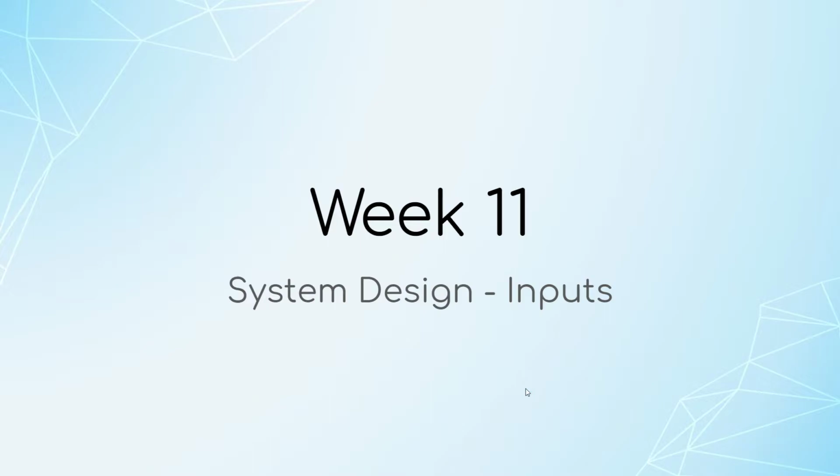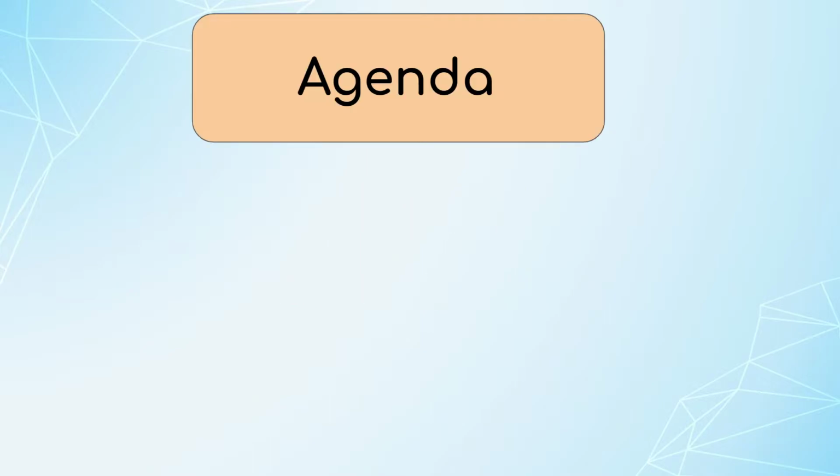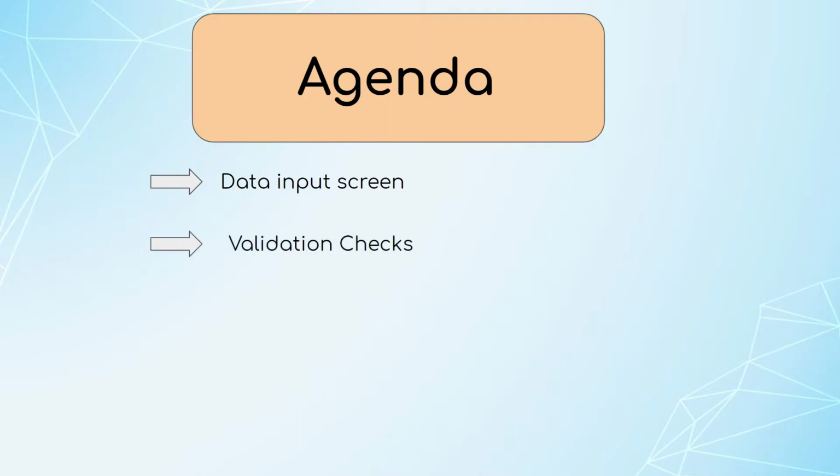Good afternoon. So today we will be presenting the week 11 system design inputs. The agenda for today is first, data input screen; second, validation checks; and third, user friendliness features.